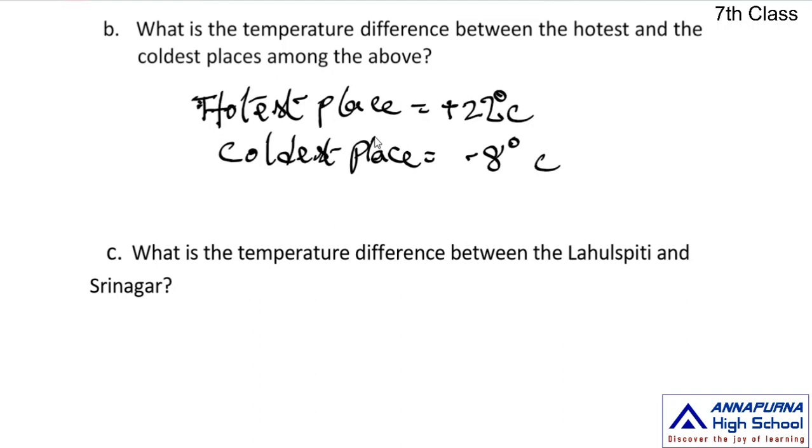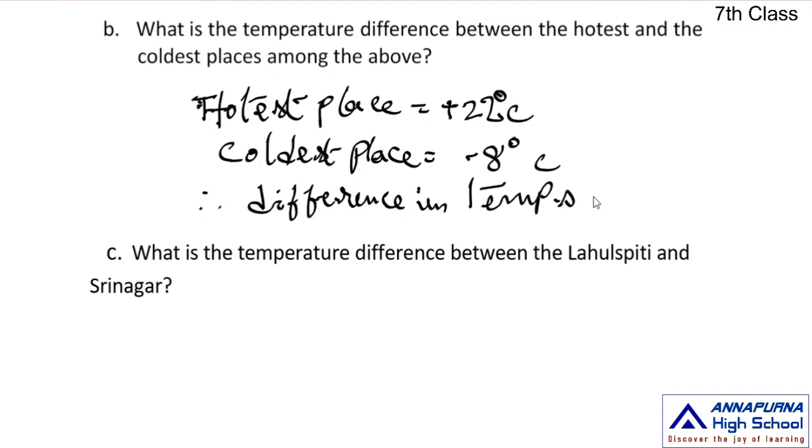So here he is asking the difference. Difference means we have to subtract the temperatures. Therefore, difference in temperatures is equal to, when you subtract integers, always write the higher one first. What is the highest one? Plus 22.